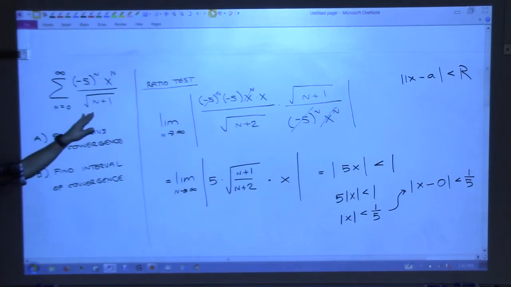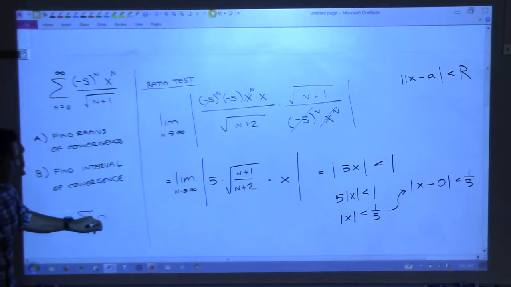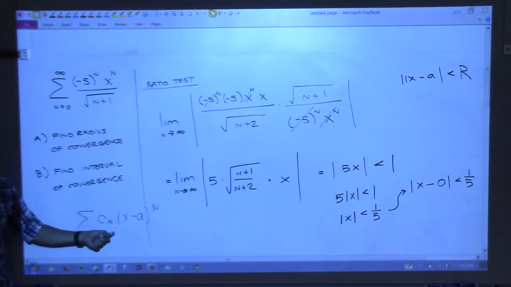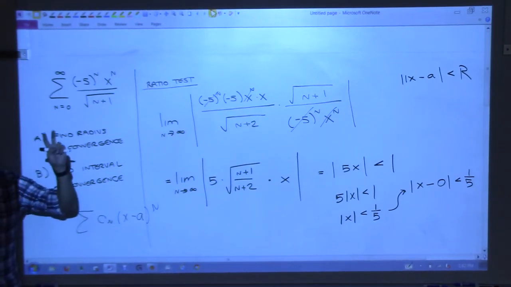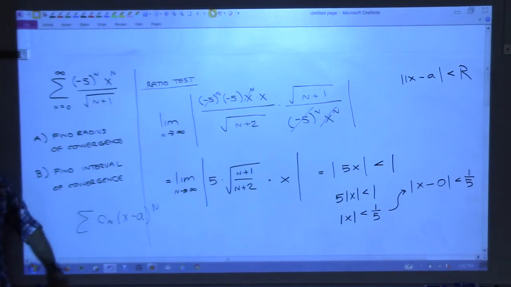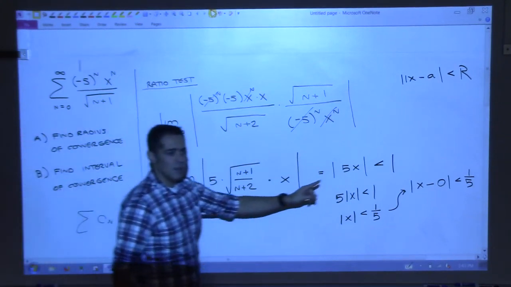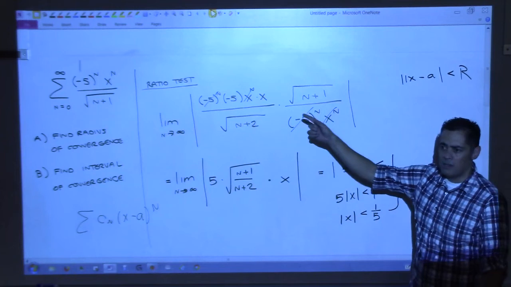At 0, right? Because remember the definition. If you have a series that looks like this, I told you that we say it is centered at a, or about a. a is this number. So if it turns out to be 0, then this is a power series centered at 0.